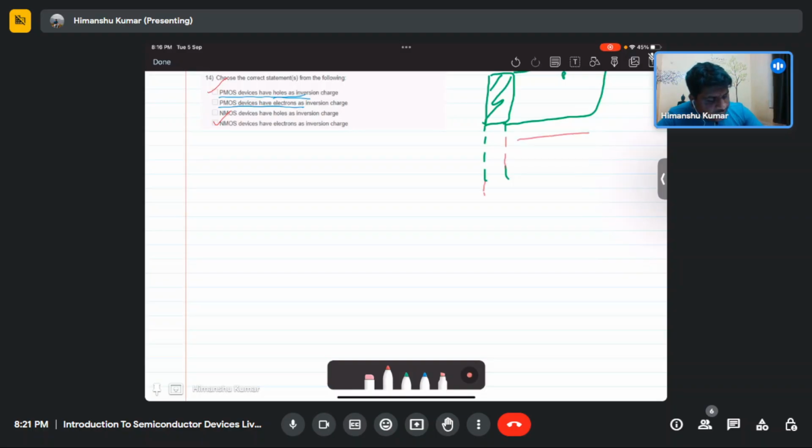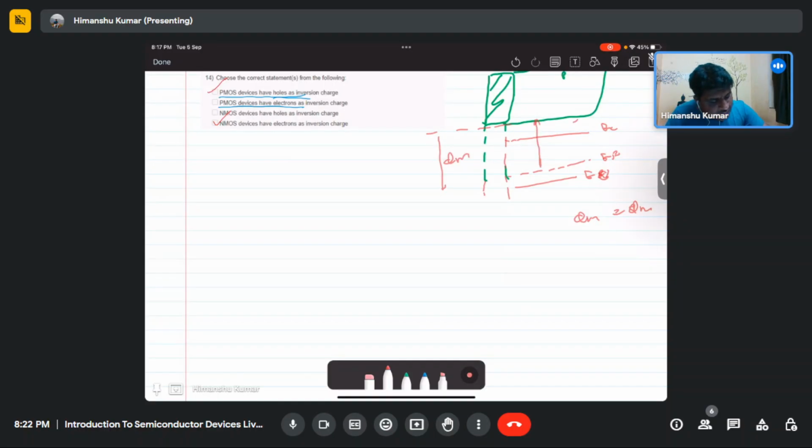So this is EF, EC, and this is EF. We are assuming the metal work function is equal to the semiconductor work function, so at zero bias there will be no band bending. Since this is p type, this is EV, and the Fermi level will be closer to the valence band. This is EF, and here will be the vacuum level.